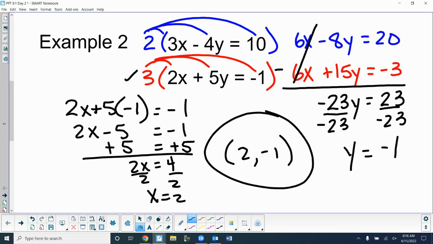Questions on that? You can do any of the 4. I always do one of the original ones. It doesn't matter. It still should come out to be the same thing.